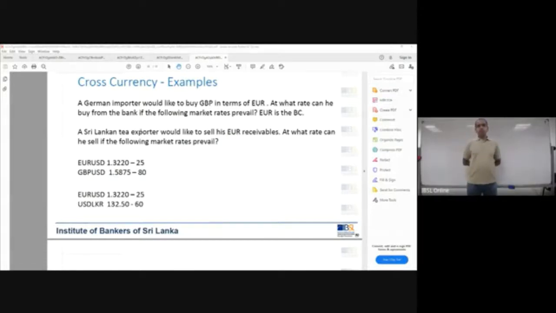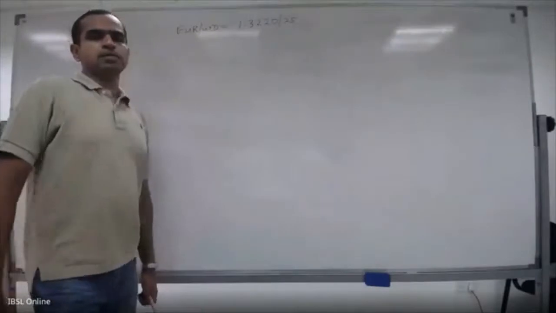So base currency in this case is euro. And euro is the base currency.